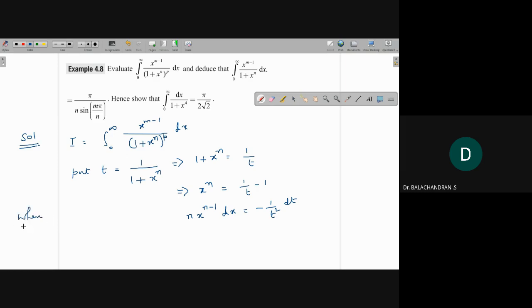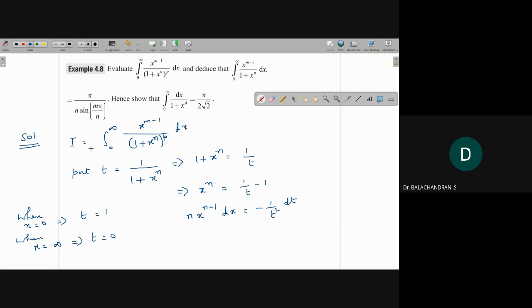When x is equal to 0, t is 1 by 1 plus 0, so t equals 1. When x is infinity, 1 by infinity is 0, so t is 0.